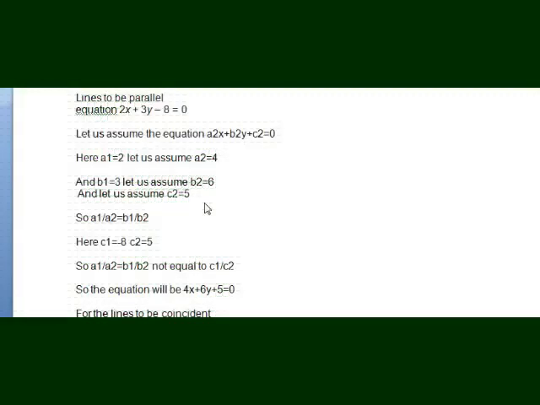According to the second condition, the lines are to be parallel. We already know that if the lines are parallel, then the condition to be fulfilled is a1 by a2 equal to b1 by b2, not equal to c1 by c2.